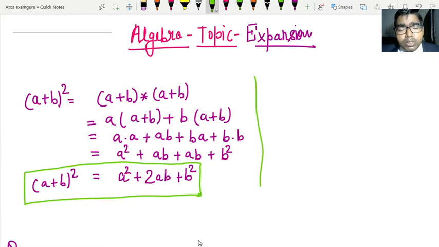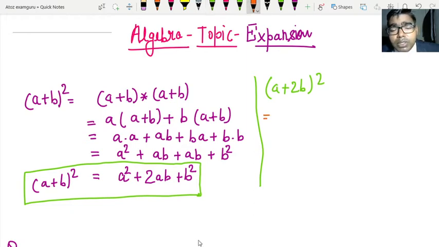And now we see a question based on this, right friends? If it is given to you (a plus 2b) whole square, then how will you approach this question?